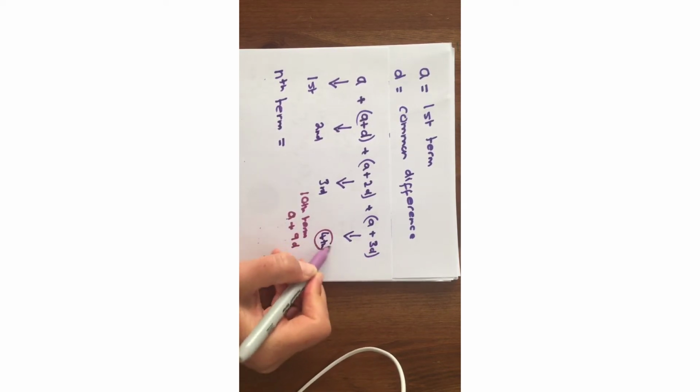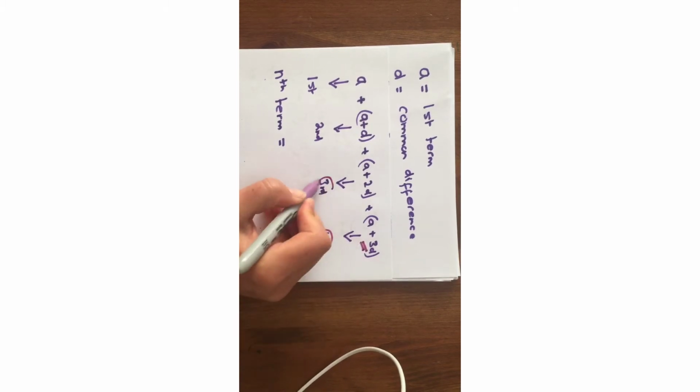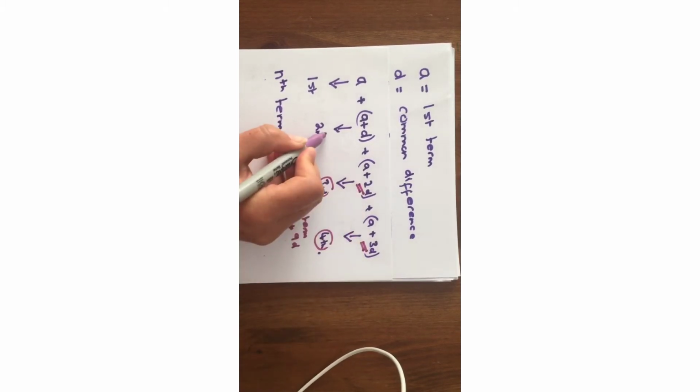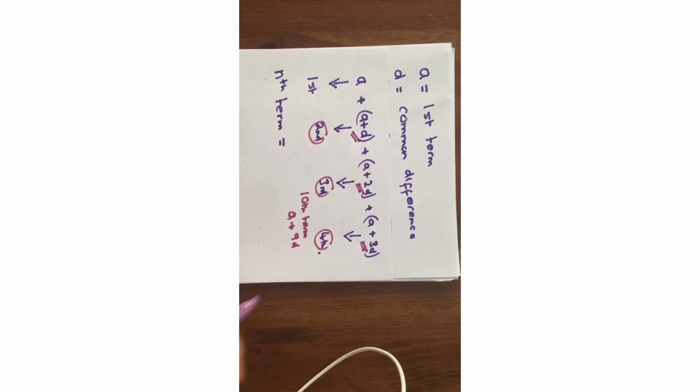So the fourth term is 3 lots of D's. The third term is 2 lots of D's. The second term is 1 lot of D. So the 10th term would be A plus 9D. So the nth term would be A plus n minus 1 D.